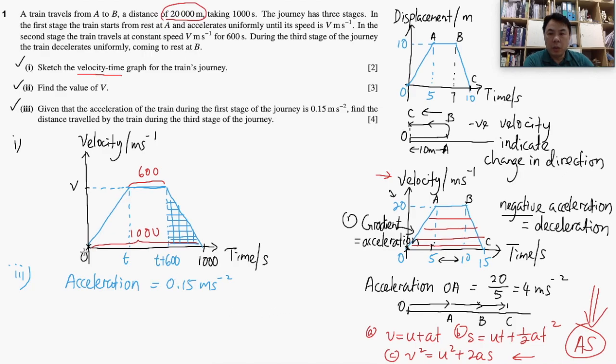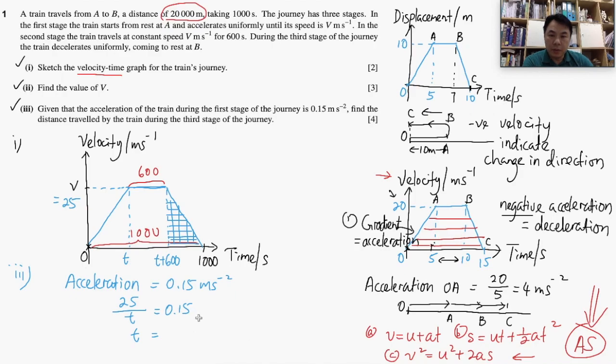The way to work out the acceleration is taking the height of the triangle, which we call the rise, and dividing by the run. In this case, the rise is v, which we obtained previously, 25. So I'm going to write down 25 divided by the run, which is t.